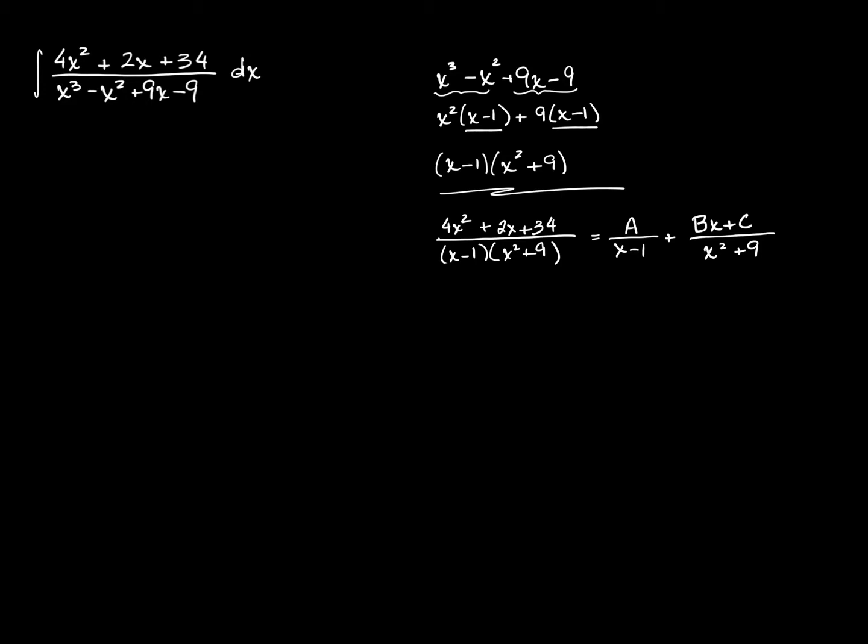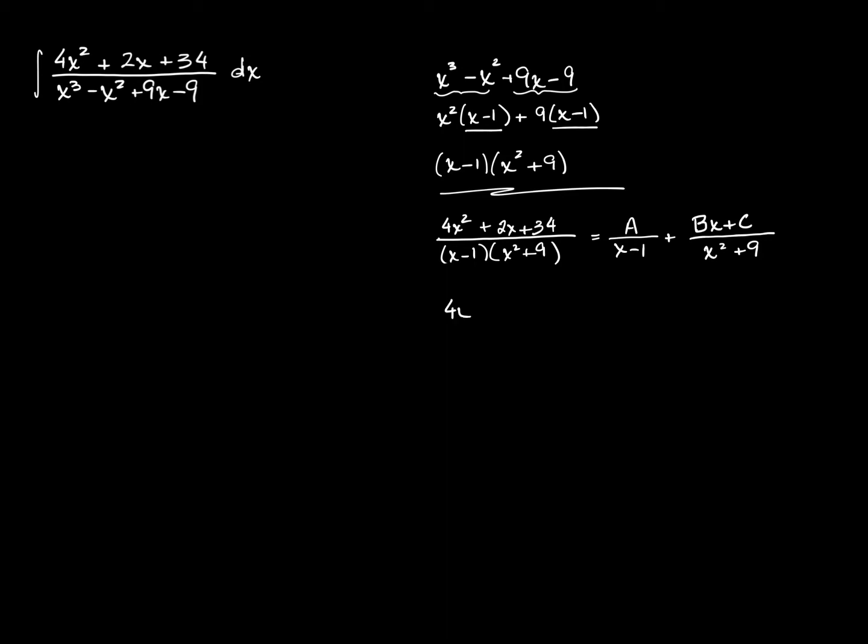And on the right-hand side, I have the sum of one term over a linear and the other over a quadratic. So if I want to be able to compare these in any realistic way, I'm going to want the denominators to be the same. So I've done the decomposition now, but I need to put things back to a certain extent so that I can actually figure out what the values of A, B, and C are.